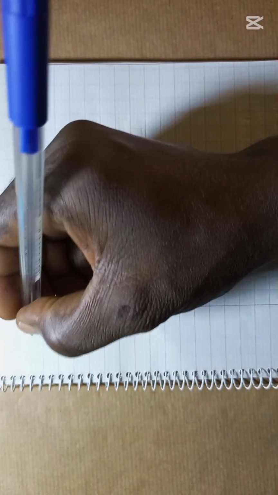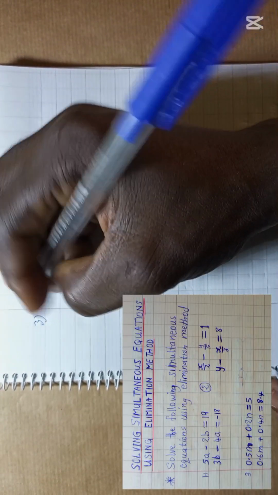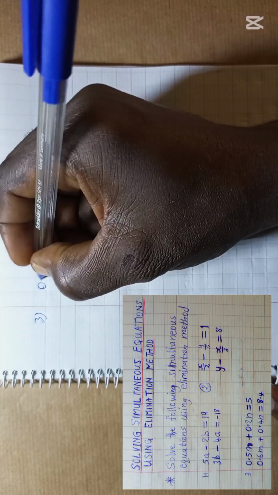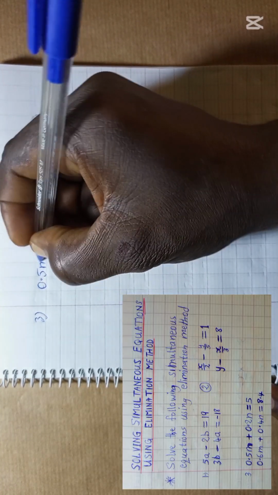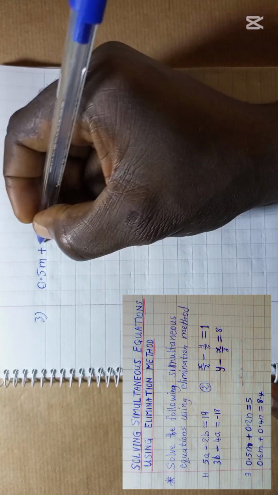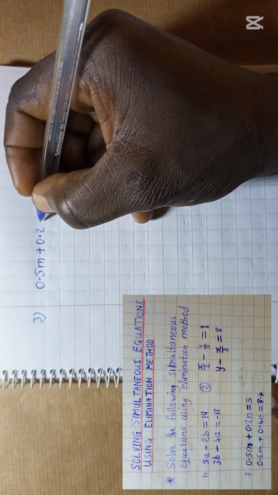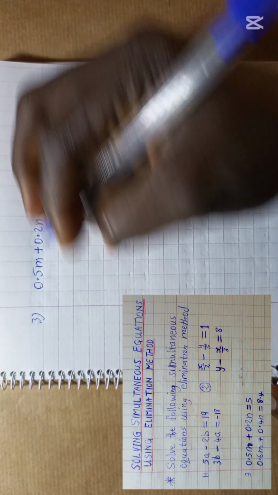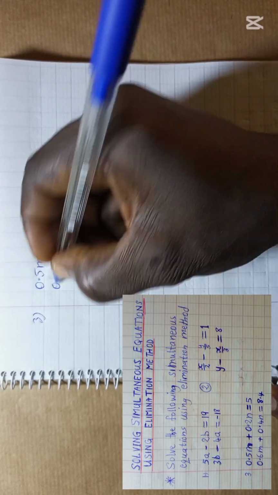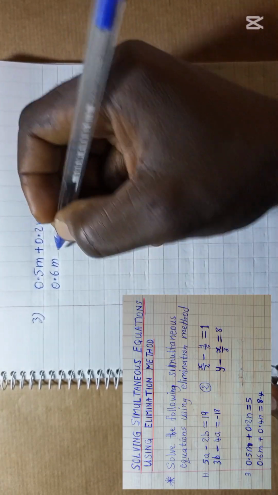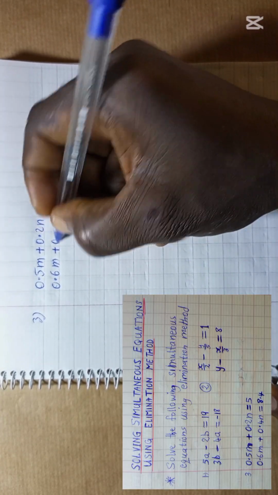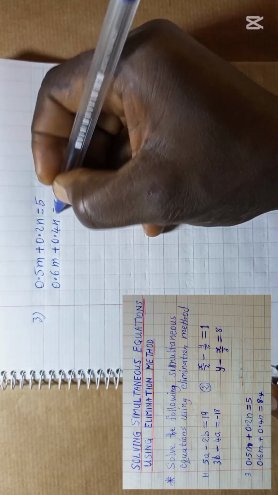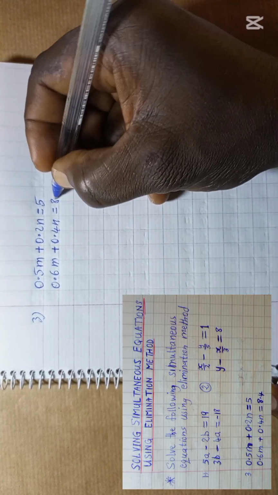And for the number 3, we have the equation 0.5m plus 0.2n is equal to 5. And the second one I have 0.6m plus 0.4n is equal to 8.4.